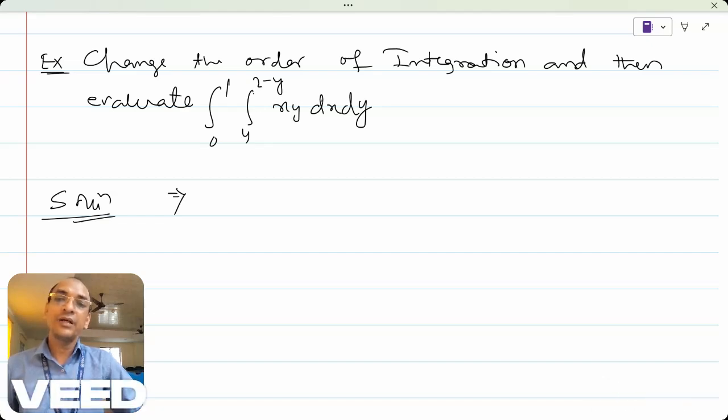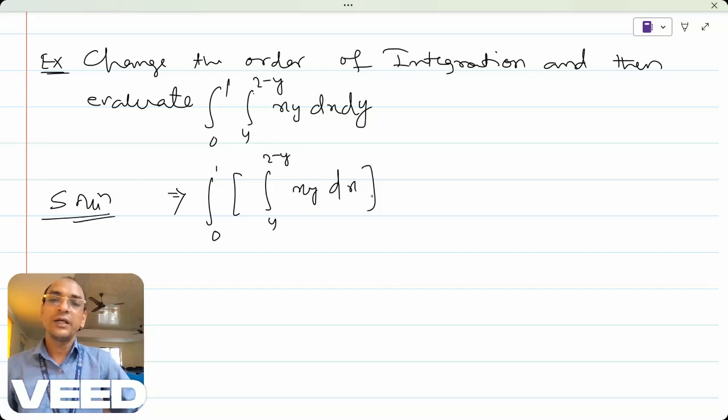So definitely the inner integral will be with respect to x and the outer integral with respect to y. So I can write it as 0 to 1, integration y to 2 minus y, xy dx, and then the outer integral will be y. So this is the given one.